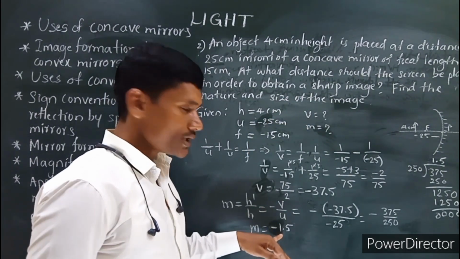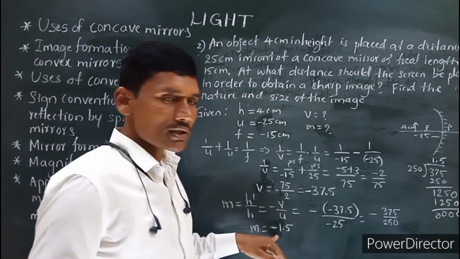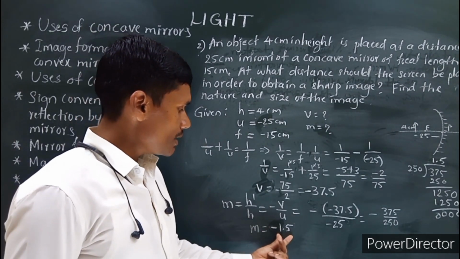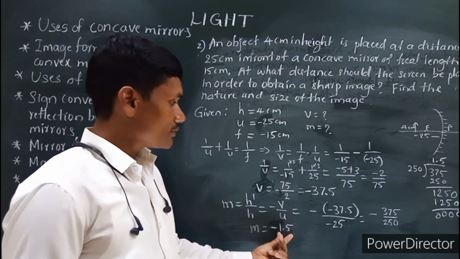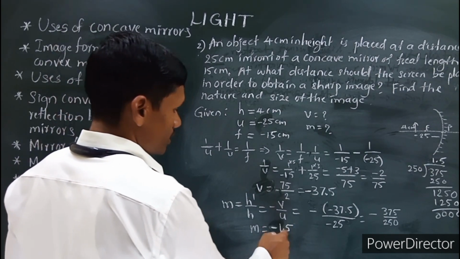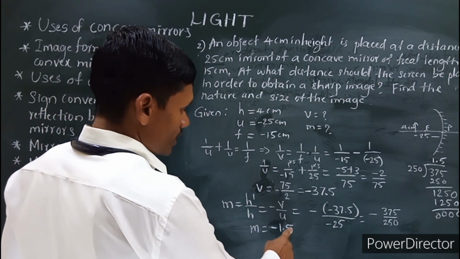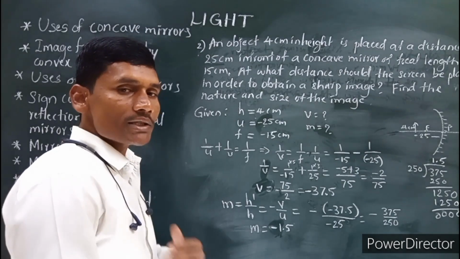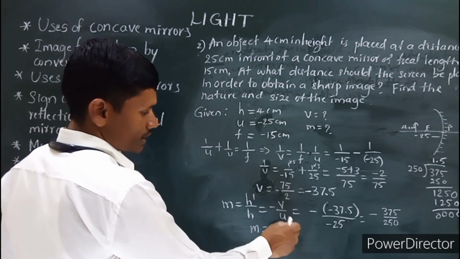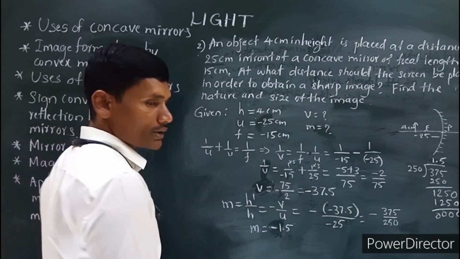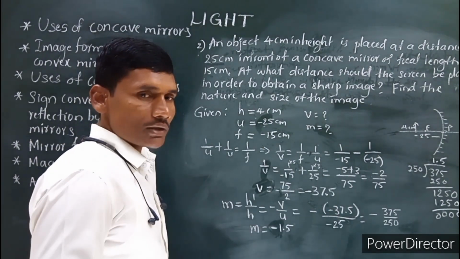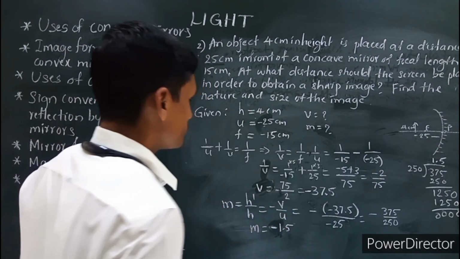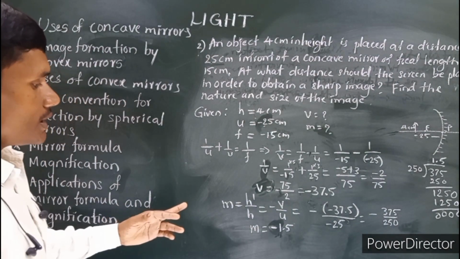Because of that we are getting that minus, which indicates the image is inverted and real. The image height is 1.5 times, meaning the height of the image is a 1.5 factor larger than the height of the object. So the magnification we are getting is 1.5. So this is how we get it.